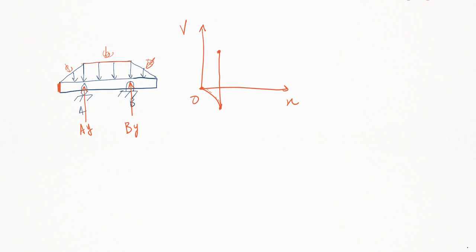So it's going to be a straight line. Let's say something like this. Then this is point B, this is point A. And then we have a decreasing slope. Now notice the difference between this and this. You see how here we have an increasing slope and here a decreasing slope.